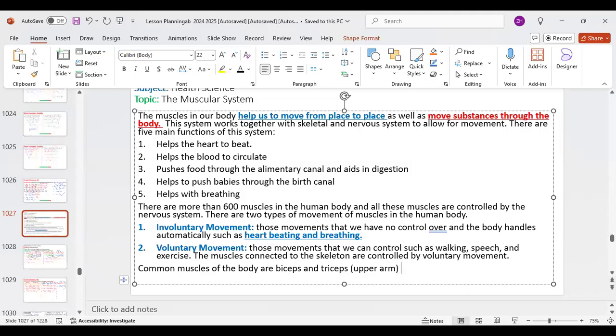And then the shoulders are called deltoid. And the chest is called pectorals.